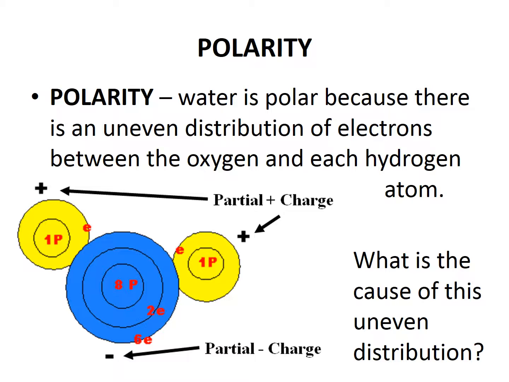Notice in the diagram that it's the oxygen that has the partial negative charge and each hydrogen that has the partial positive charge for a water molecule. Be sure to pause the video so that you can get the information about polarity in your notes.